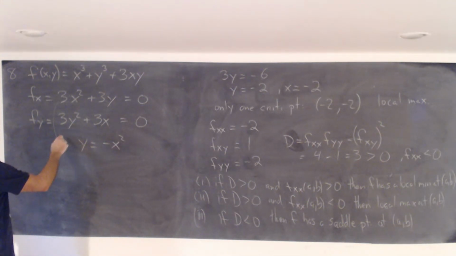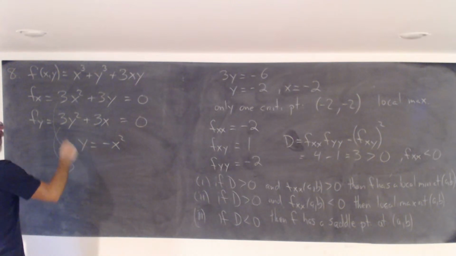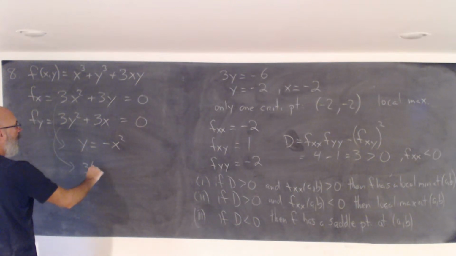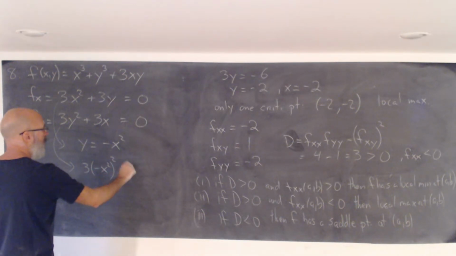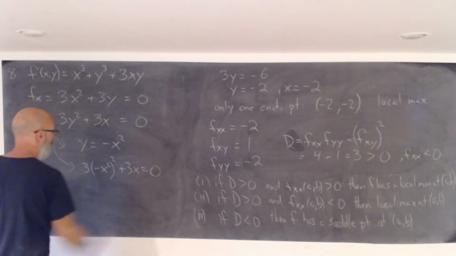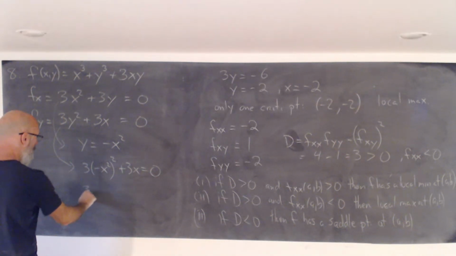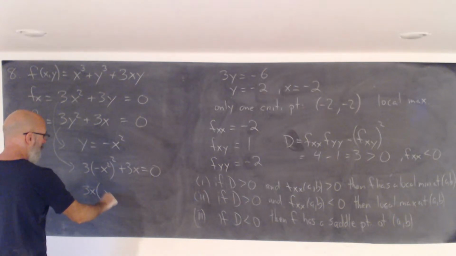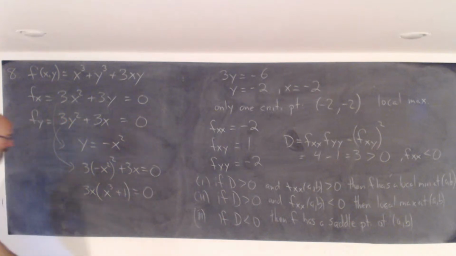And if you plug that into the second one, this is 3 times negative x squared, squared, plus 3x is equal to 0. So if you factor out a 3x, you get x cubed plus 1 is equal to 0.